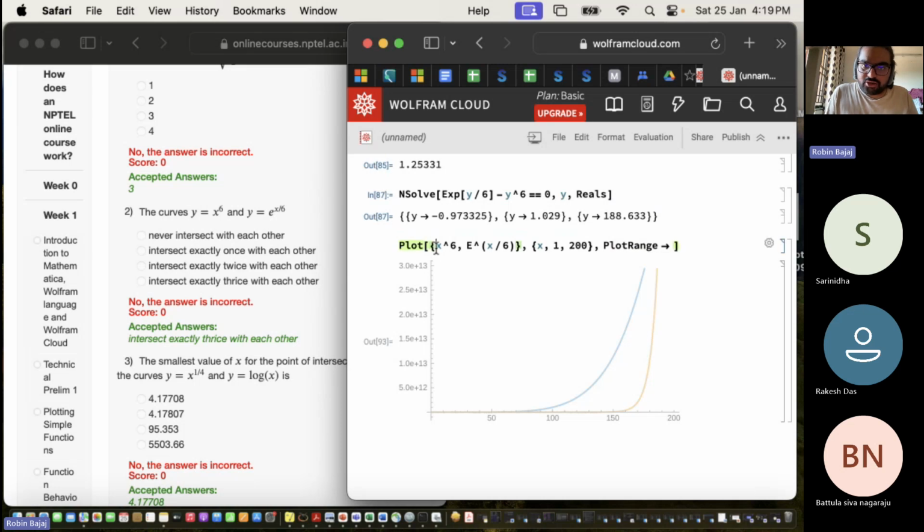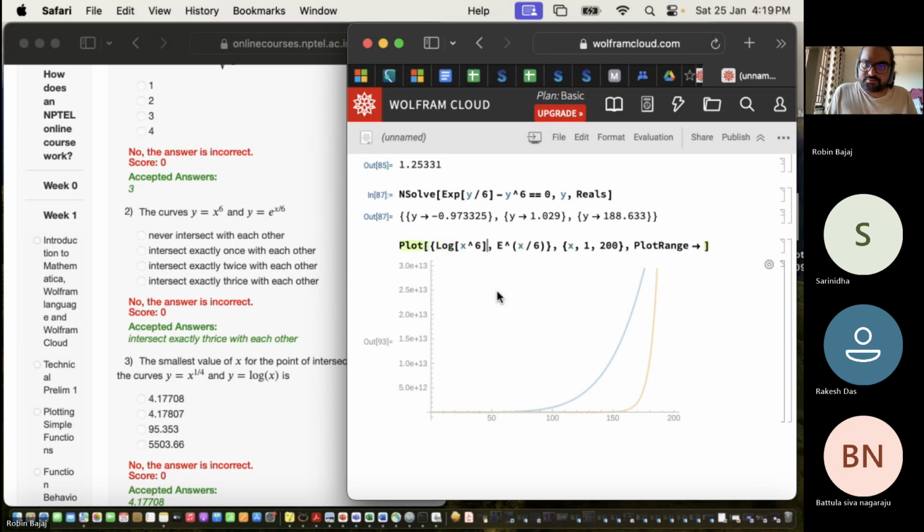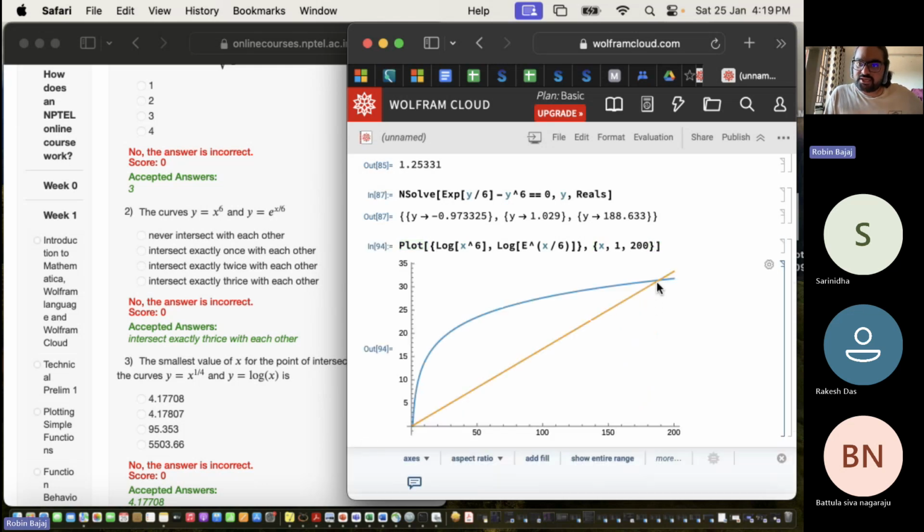Why don't I plot the log of this? That would be better. Log. I mean, in the x, they should intersect at the same point. So you see, it intersects at 188.